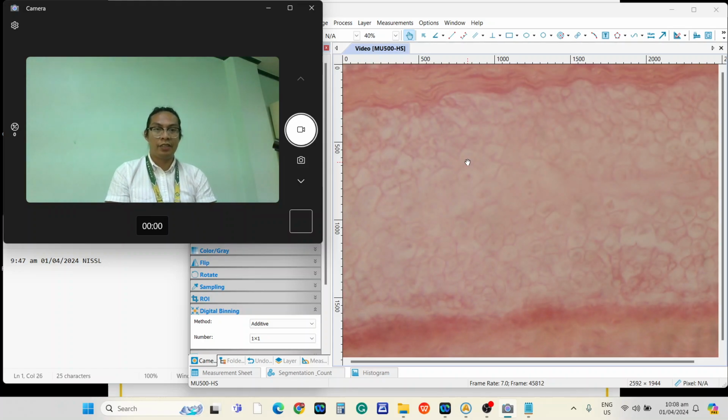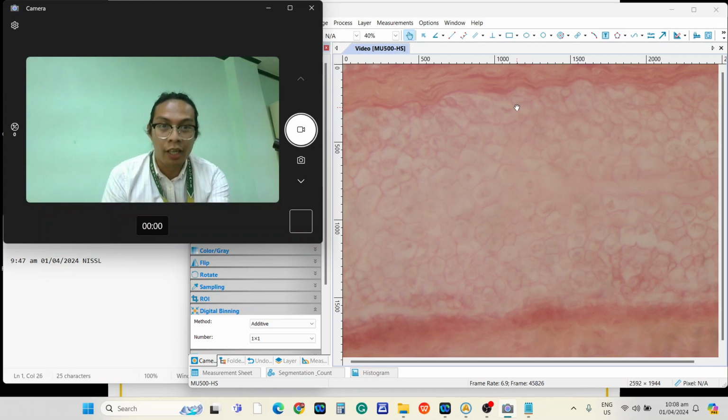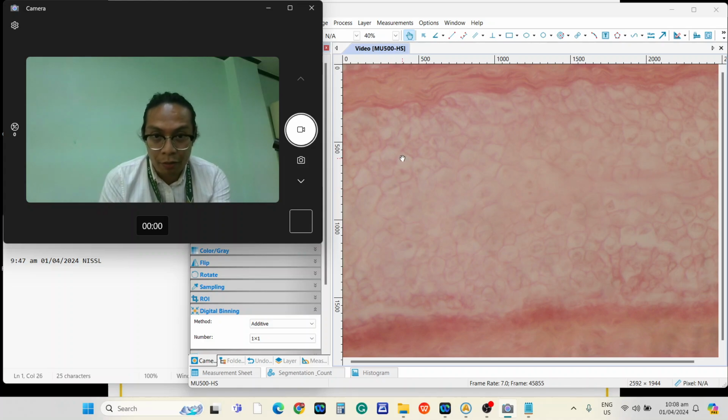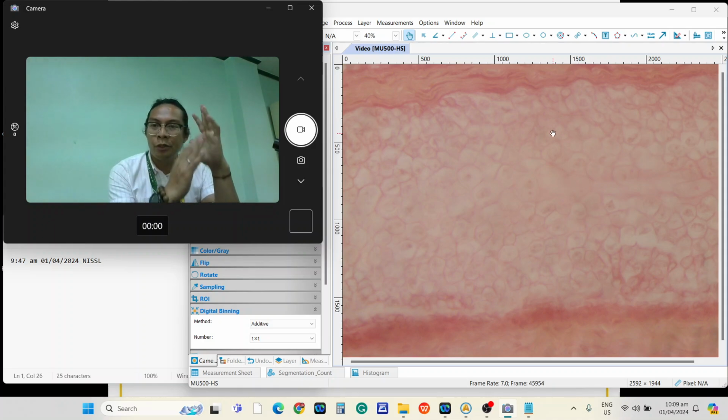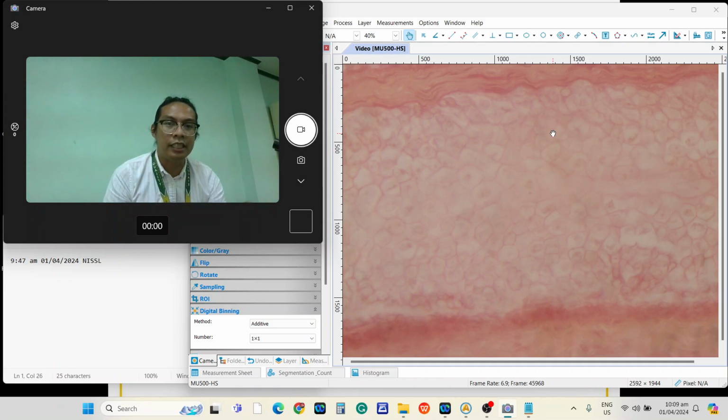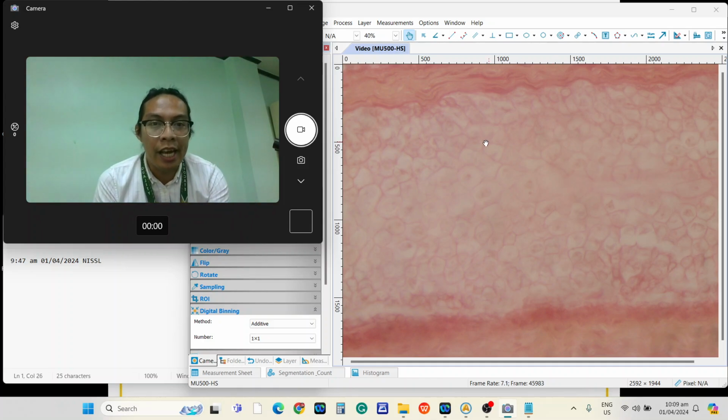So that is the nerve fiber. So it is actually made up of axons. Okay, so those are axons or processes ng neuron. Now, mapapansin nyo sa gitna, yung nakikita natin parang lattice. Yung lattice na nakikita natin, that is the endoneurium.